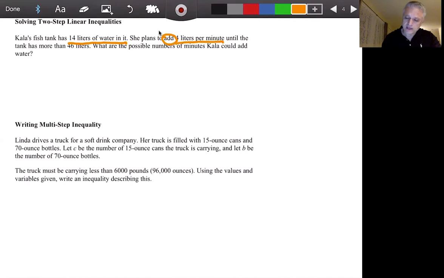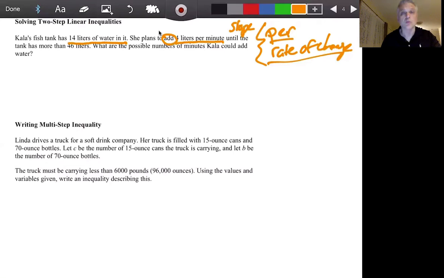Anytime you see the word per, anytime you have a rate of change, those are two great indications that you're going to be working with slope. So adding 4 per minute means that you're going to have a positive 4 for your slope, or your m in your mx plus b.